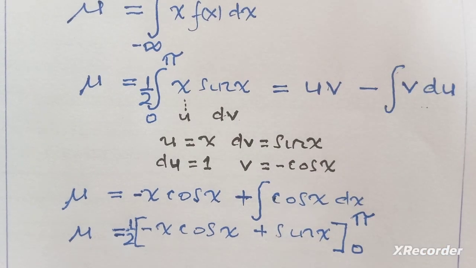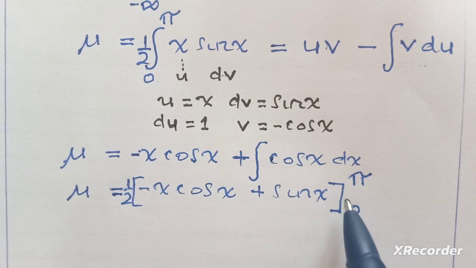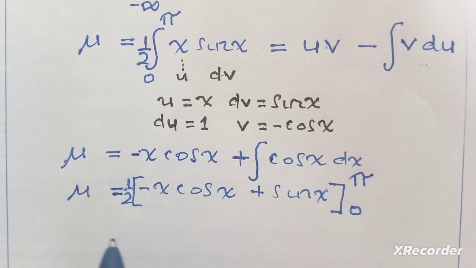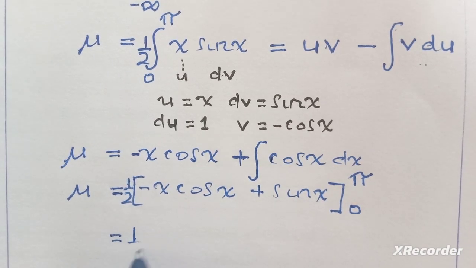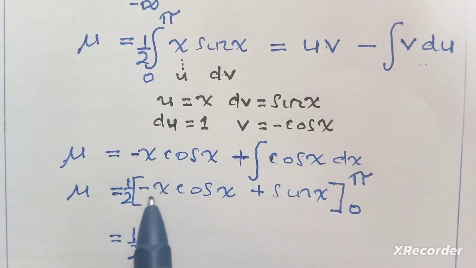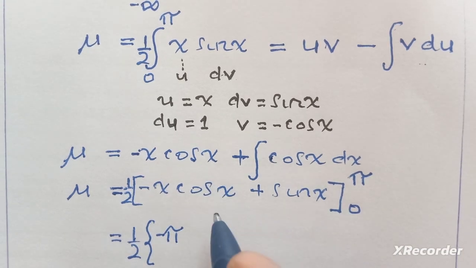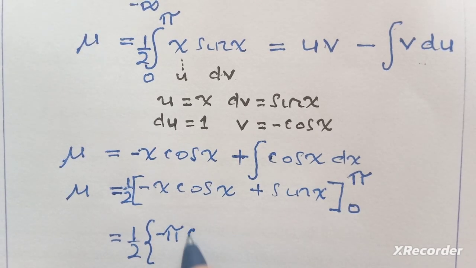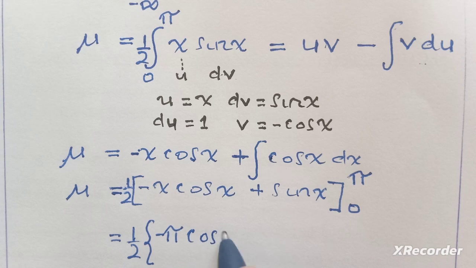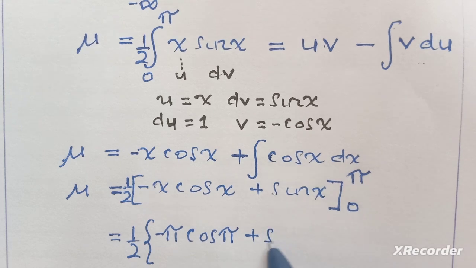So now we come and replace our limits. When we replace pi, we are going to have a half, and then here we shall have negative pi, then cos pi, plus sine pi.